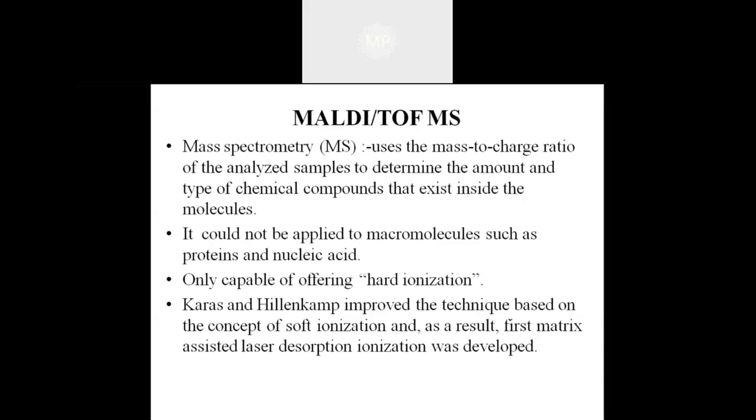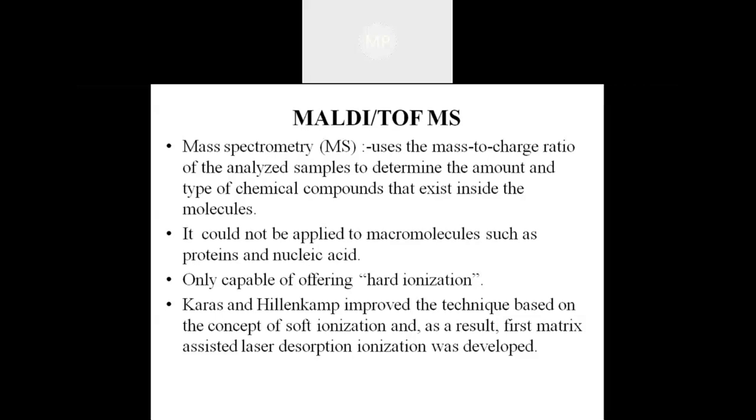Basically, mass spectrometry is an analytical technique that uses the mass-to-charge ratio of the analyzed sample to determine the amount and type of chemical compounds which exist in the molecules.